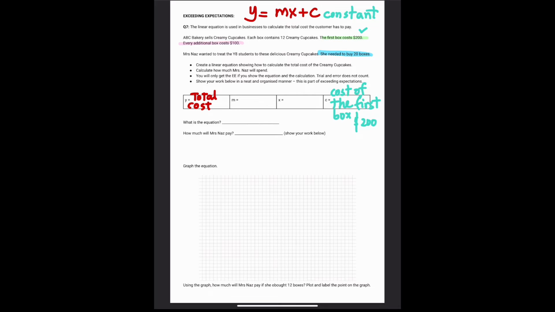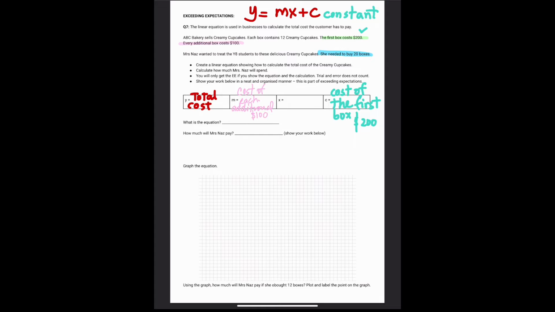So in this case, which one should be the slope, 100 or the 20 boxes? It should be 100. It should be the cost of each additional box, which is $100.